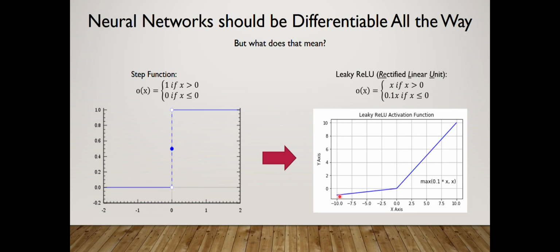If the input is negative, that's where the leaky term comes from. Normally it would be 0, but because you're leaking something, you have some small slope here. This gives us a function that always has some gradient. The derivative is always some value that's not 0. It's either 1 in the positive range, or in this case 0.1 for the negative range.